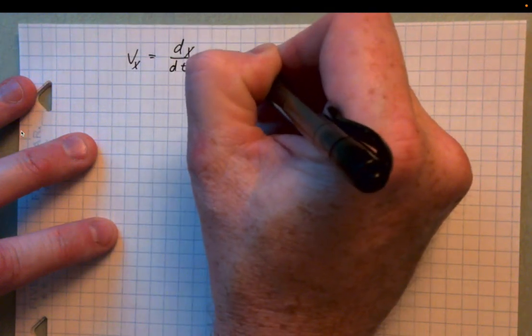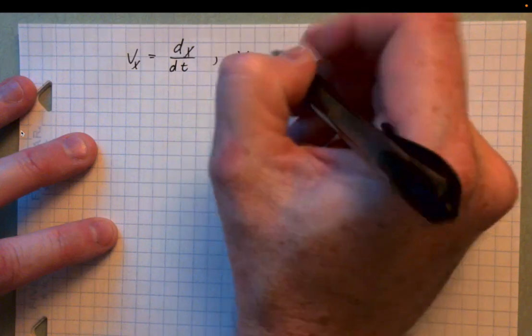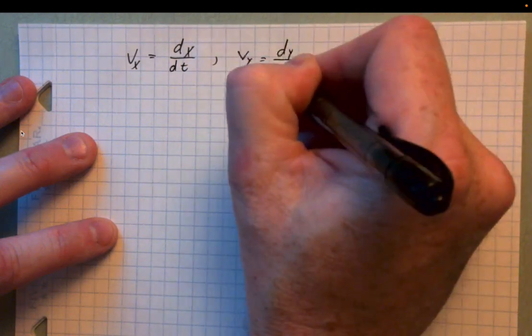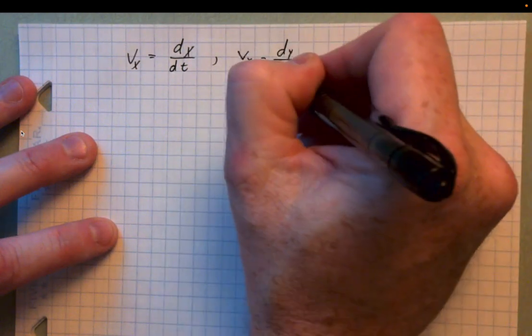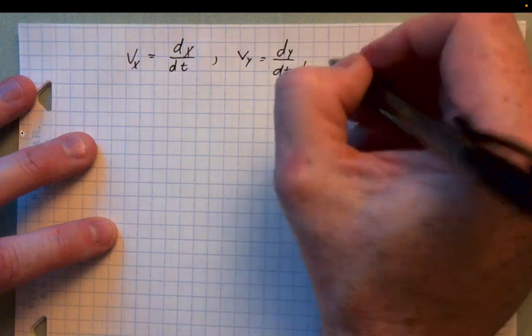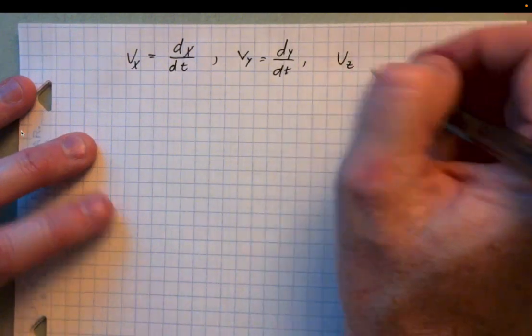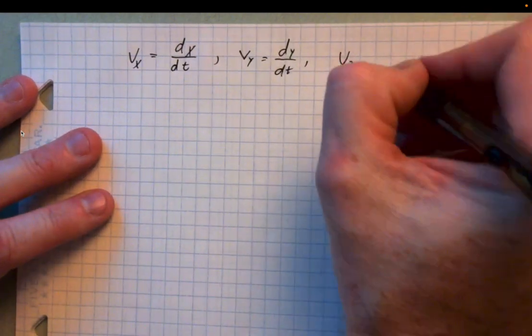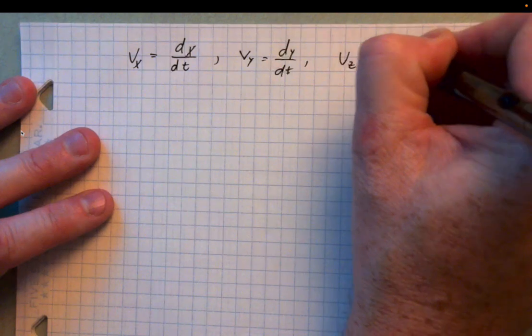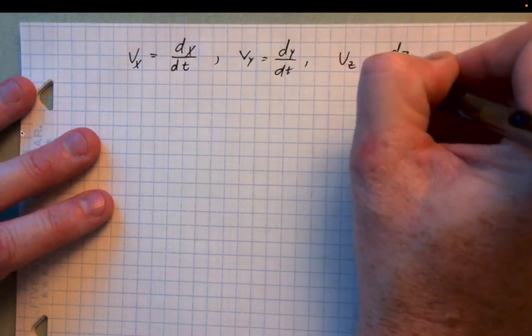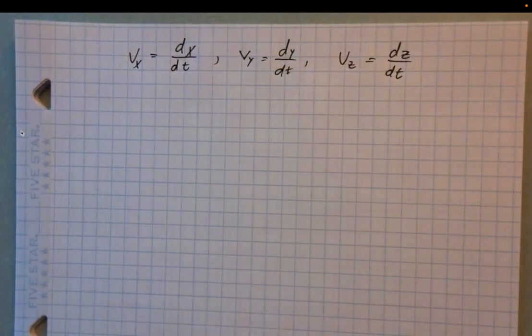And the y component of velocity is equal to the derivative of the y component of position. And of course, the z component of velocity is equal to the derivative of the z component of position.